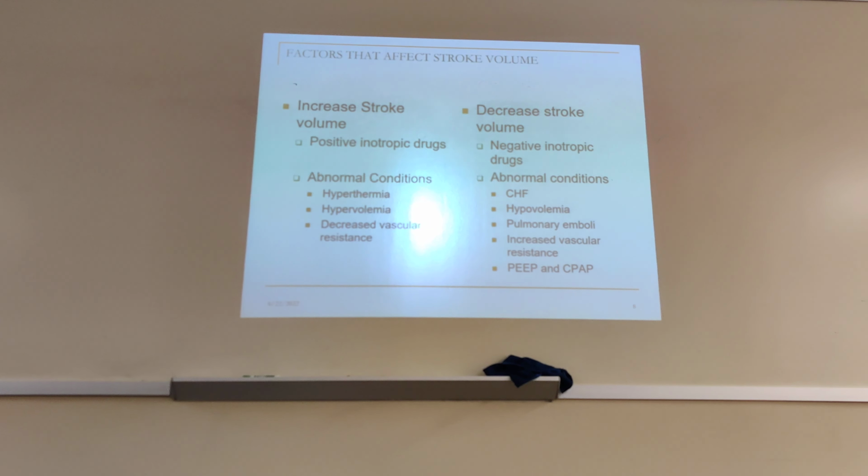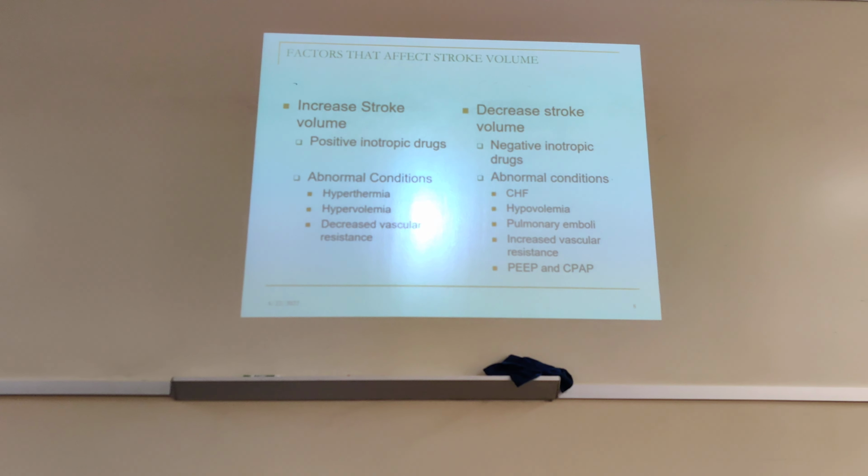Hypovolemia, you don't have enough volume, there's nothing to pump out, so your stroke volume will be low. Pulmonary emboli, well, when you have pulmonary embolism, you get hypoxemic. Your PaO2 drops. Now, if your PaO2 drops, that causes vasoconstriction of the pulmonary vasculature.